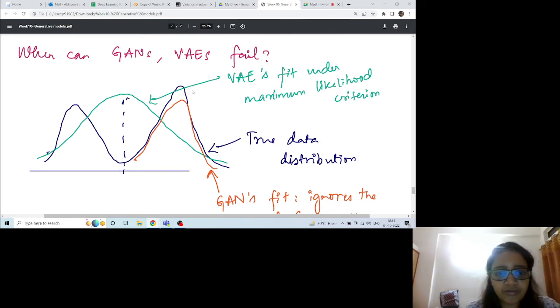So you have multiple modes in this. This dark blue represents your true data distribution, and it has these two modes, or it can have even more modes. If you try to fit a VAE here, the approximate distribution generated by the VAE will be something like this, which is totally dissimilar from the actual true data distribution.